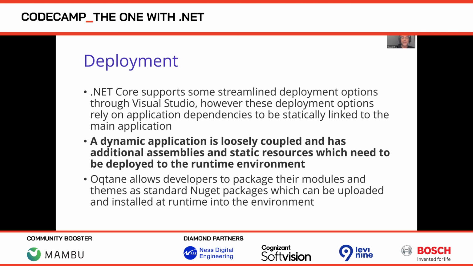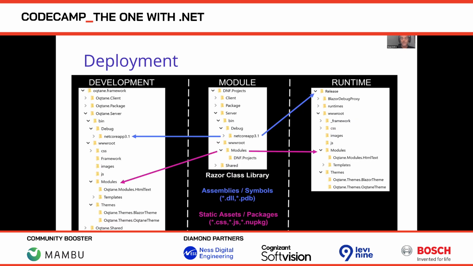If you're building a dynamic application, you have to take responsibility for a lot of that. Because of the loosely coupled nature and the benefits you get, there are some downsides, and that means you have to take responsibility for understanding your full deployment story. So you have to figure out where all of the different bits that you're developing need to be deployed.